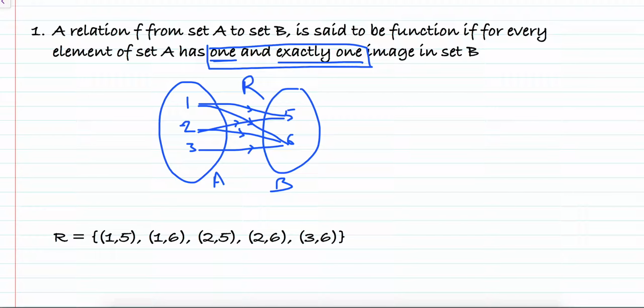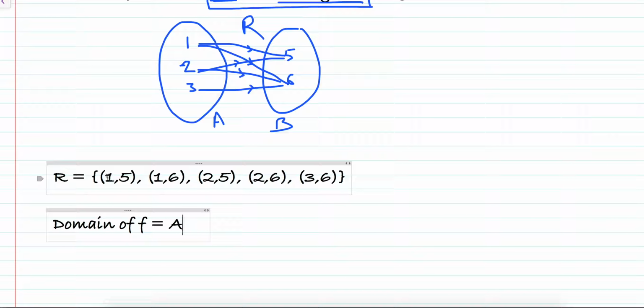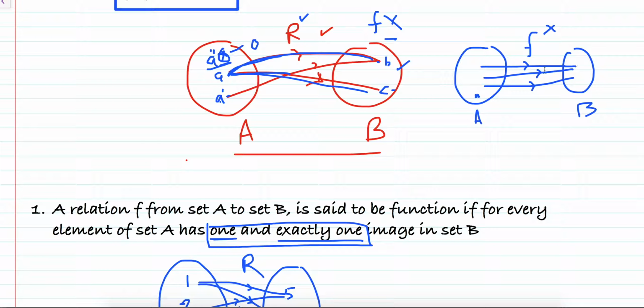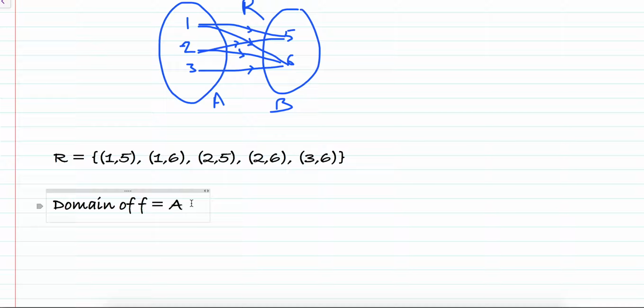So domain of F will be equal to A, because in domain we write all the first elements of the pairs, and for all elements in A we have one element in B. Then all of these elements of A will form the first element of ordered pairs we write for the relation F. So the domain of F should be simply A.